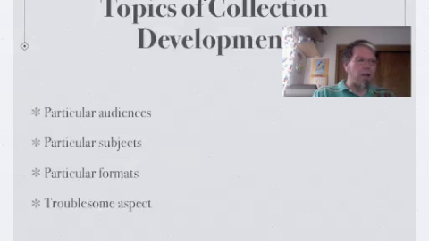Now, the collection development policy should be useful and should be used. It basically comes in 2 formats. You'll either find the formal, which is the written, or there may also be the informal or unwritten.